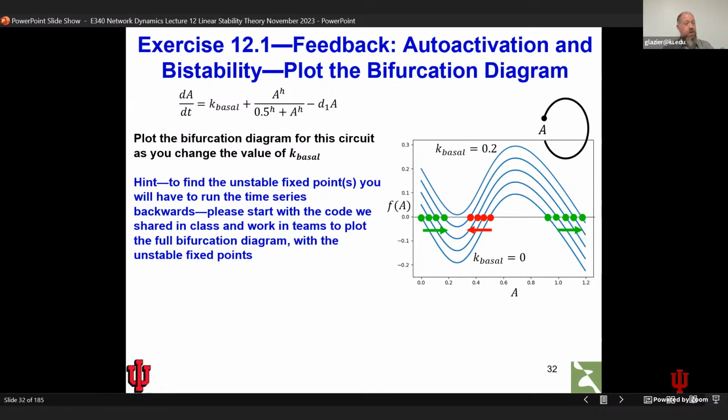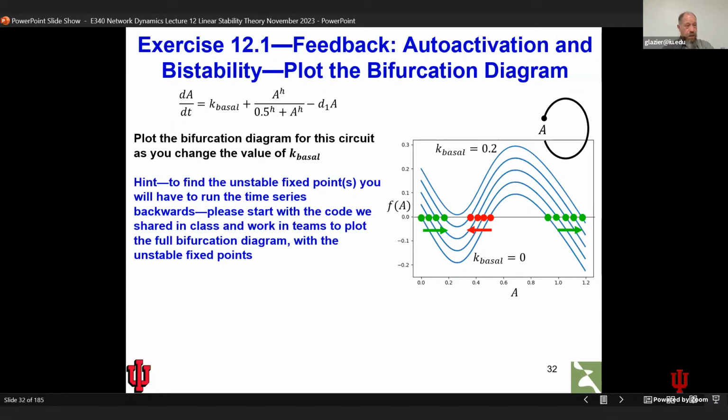So what you would do is you would set the value of K Basel, try a bunch of different initial values of A, run them forward in time, find the steady state, and then plot the steady state versus K Basel. Then you increment K Basel and do it again, and you plot that as a series, not a time series in this case, but a plot of the fixed point versus K Basel.